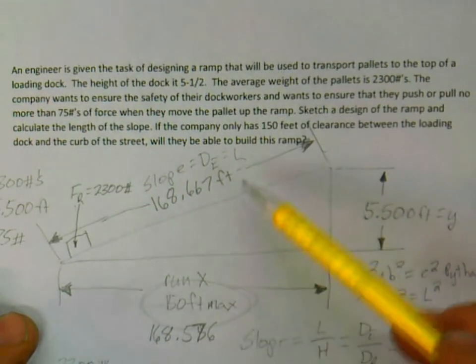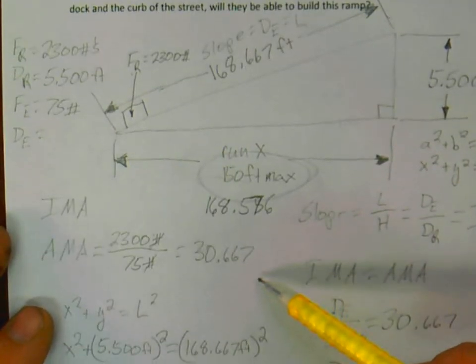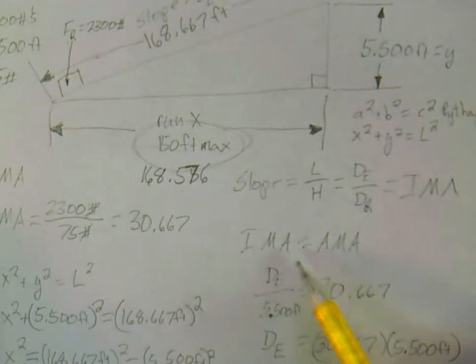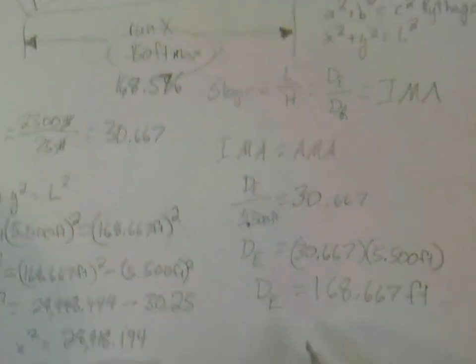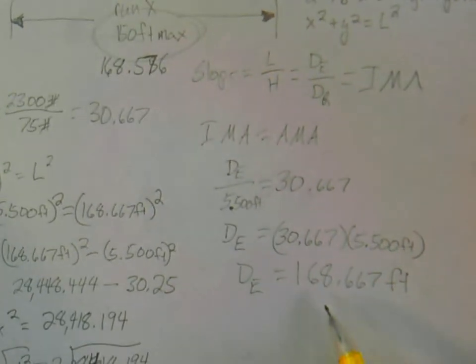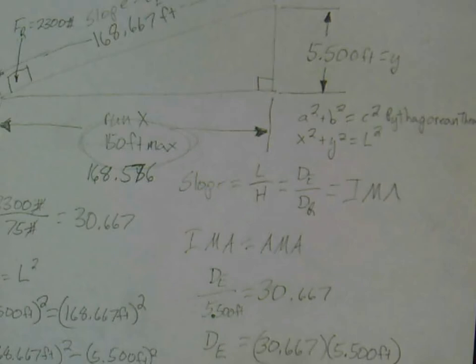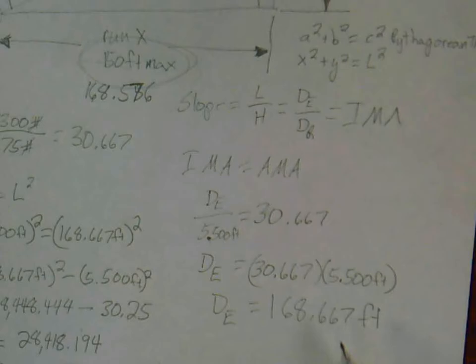The second part of the question was to see if that was going to be less than 150 feet, and using the Pythagorean theorem we came up with 168.576, and we determined no, we cannot build this ramp and have it meet the 150 feet of clearance requirement by the company and the city. So, sorry, engineering buddies, we have to go back to the drawing board and redesign this particular ramp or inclined plane so that we can achieve what the company wants.